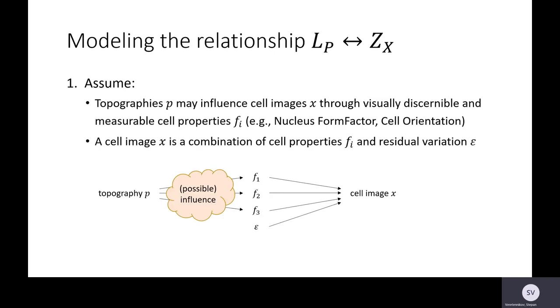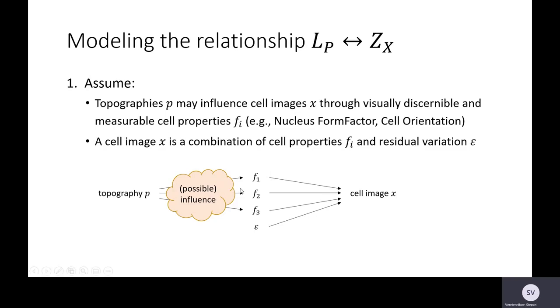The first step is we assume that topographies P may influence cell images through visually discernible and measurable cell properties Fi. For example, nucleus form factor or cell orientation. And in turn, a cell image X is a combination of these cell properties and some residual variation.